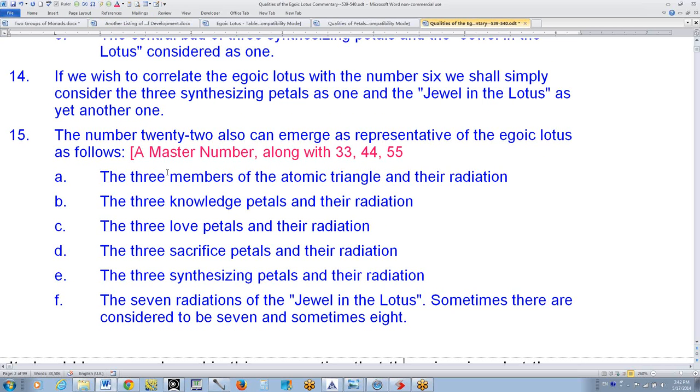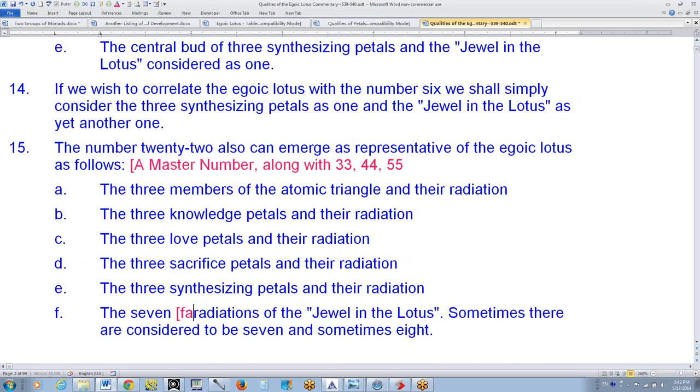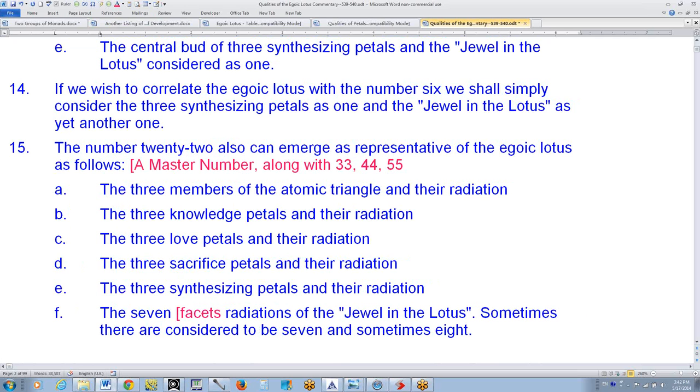Maybe there are 8 radiations, and that's a bit of a mystery, but sometimes the radiations are considered to be 7, but sometimes 8, the 8 coming forth from the 7. So we clearly have 3 plus 3 plus 3 plus 3 plus 3. That's 15, plus 7 is 22.